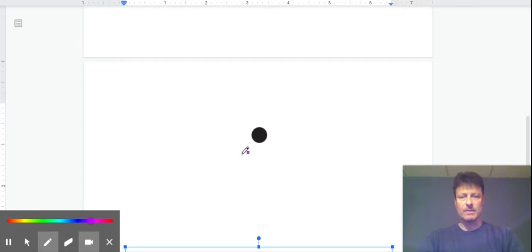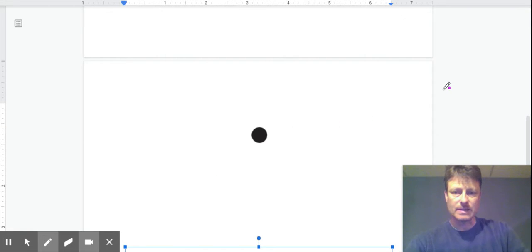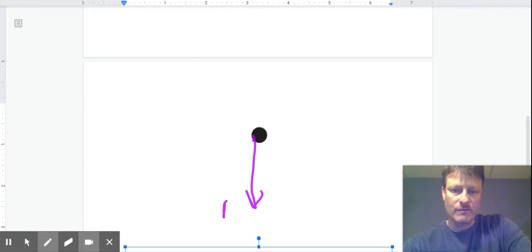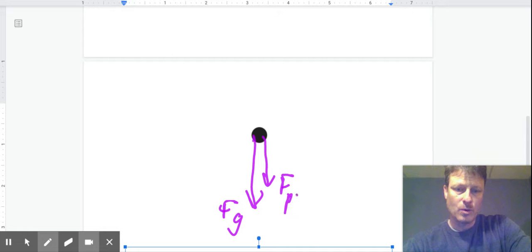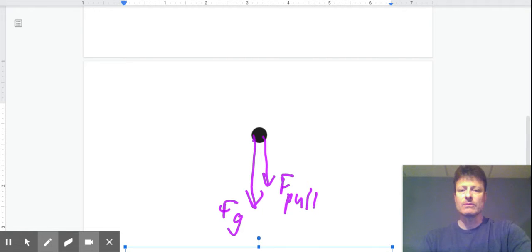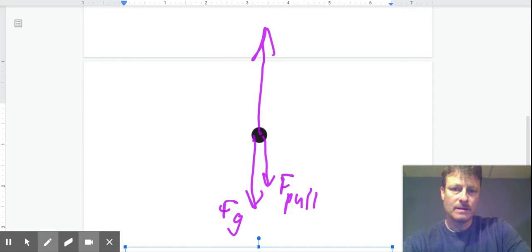So let's look at the free body diagram of that situation. You're probably going to have a force due to gravity acting on that object. The person pulling, so that's the external force from the person, and then the force of the spring.